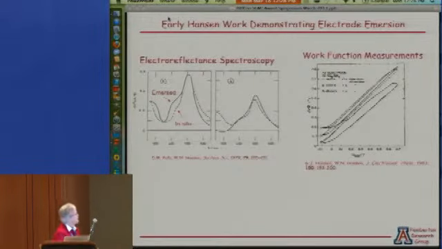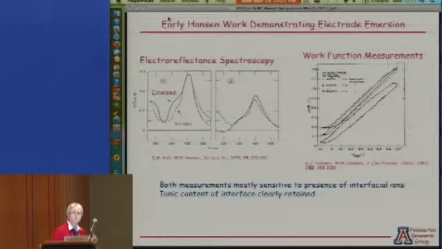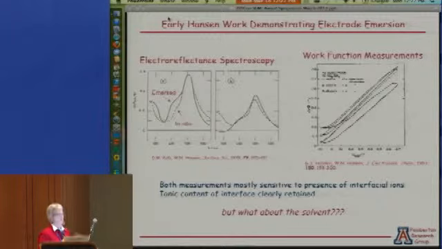And in fact, he had some nice evidence for this in the early days of immersion. He showed electroreflectance spectroscopy, where the in situ spectra matched very closely those in the immersed films. He made vibrating Kelvin probe work function measurements that showed a linear change in work function with the potential at which the immersion was done, all of which suggests that the ionic content of the interface was clearly retained, but he never was able to make any measurements that showed whether or not the solvent was present.